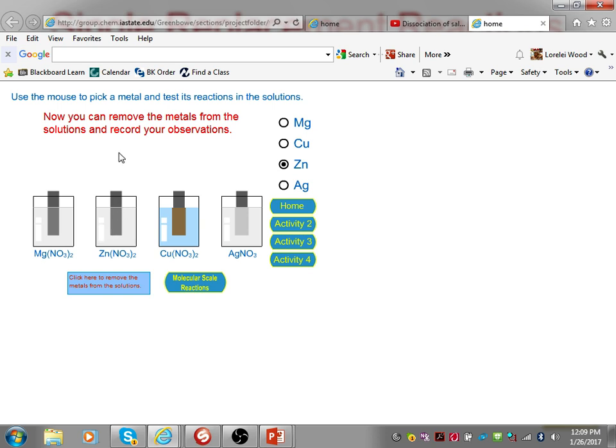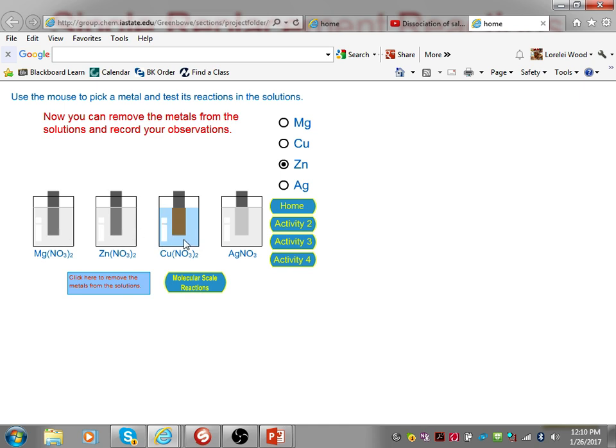No. Well, that makes sense because if I put zinc metal into a solution of zinc ions, one's not more active than another, so that makes sense that it's not going to react. Okay. How about this one? What could we conclude about zinc and magnesium since there was no reaction? Magnesium must be the one that's higher on the activity series, and you can double check that on the tables that I gave you, right? Isn't magnesium higher on the activity series? All right, so that's why there was no reaction.